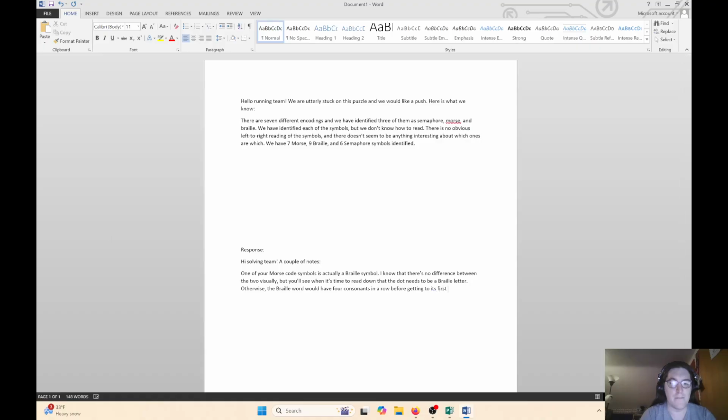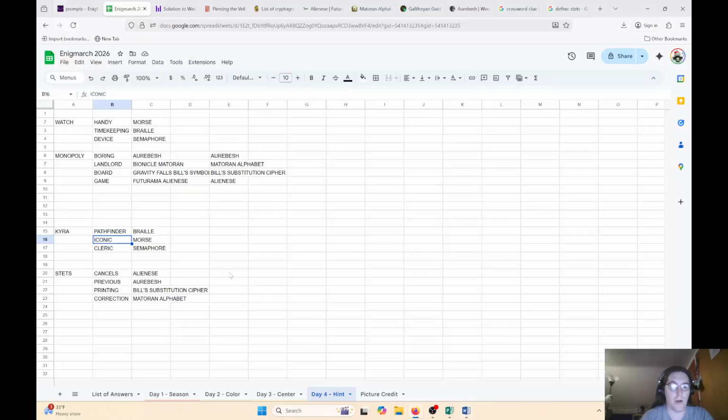It needs to be the second Braille letter. Okay, so with that, we have now confirmed that the Braille word has to be consonant, vowel, consonant, consonant, consonant, 1, 2, 3, 4, 5.